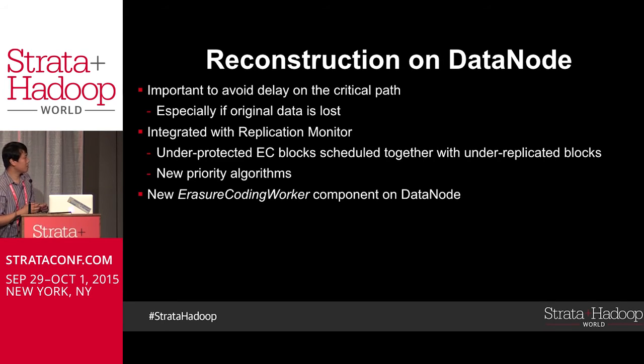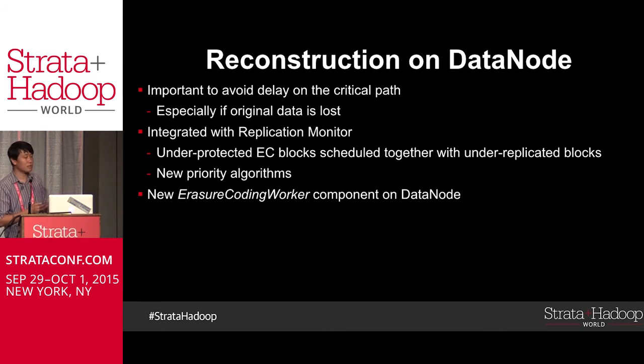The most interesting part is to design new priority algorithms. For example, if a three-way replication block is losing one replica, and an erasure coding block is losing two storage blocks, one original data and one parity data, how do you compare the priority of repairing these two scenarios?